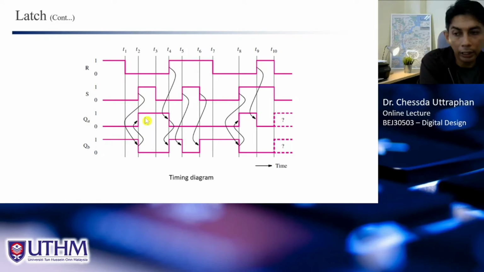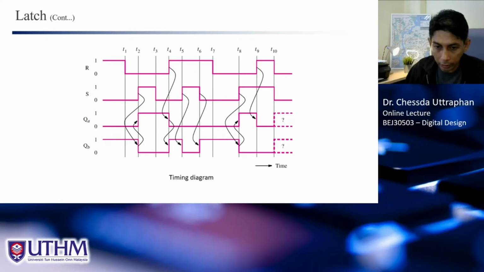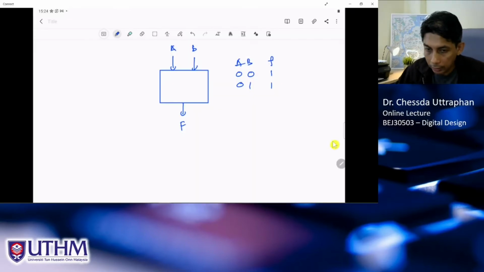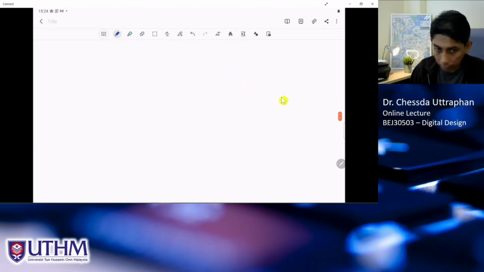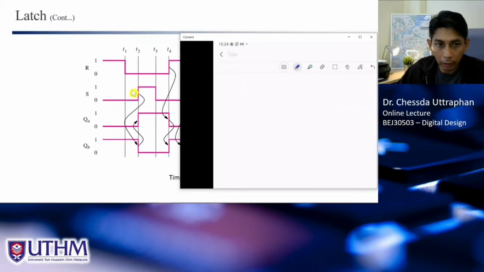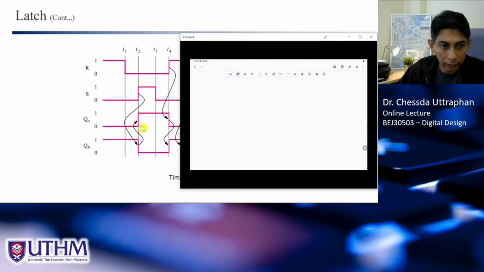So if we look carefully in the timing simulation, what we see is not like this. It actually looks like this: QA, QB.